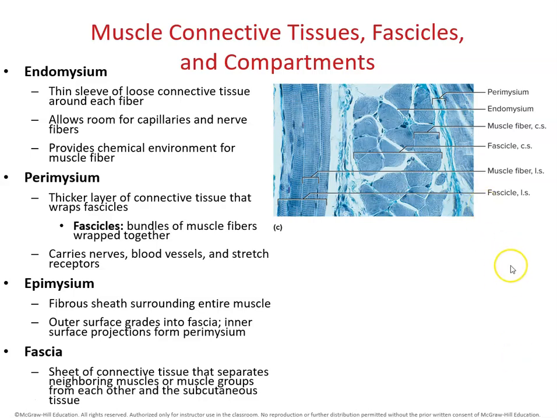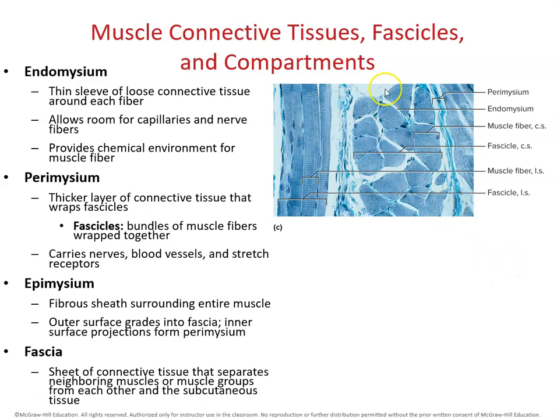We'll look at a picture of that in a second. The final thing here is the fascia. The fascia is the highest order of connective tissue that we're going to be talking about here, and it's going to separate muscle groups from one another.